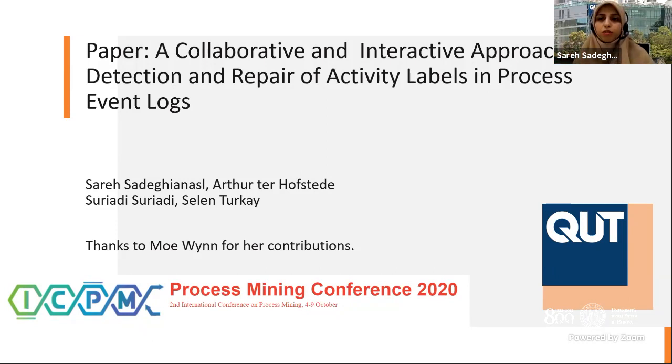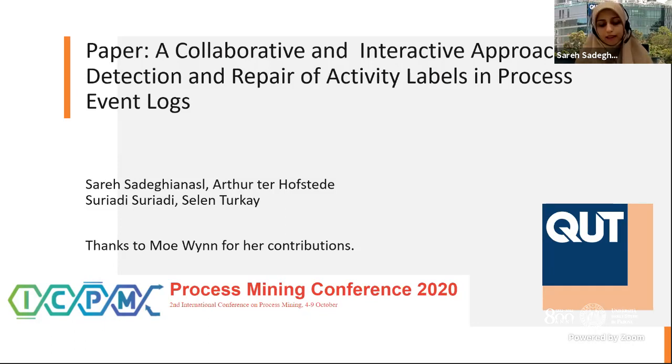One of the help options that we provide is the similarity metrics. For each option, we compute a measure, which is the context similarity of that label to the main activity, such as the resource similarity, the data similarity, the control flow similarity, and the time similarity.